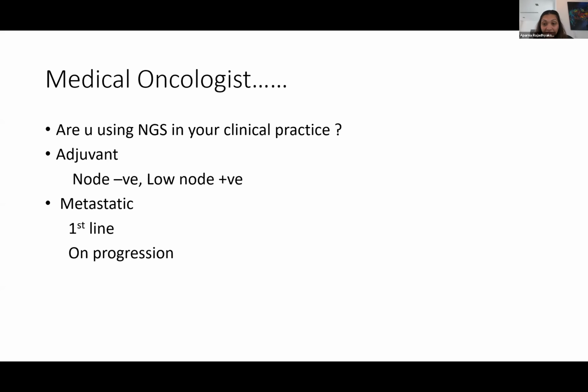Okay. So my question to you is, will molecular testing be able to identify the group of patients who are going to respond to neoadjuvant treatment? Because we all know that there is primary resistance and secondary resistance.